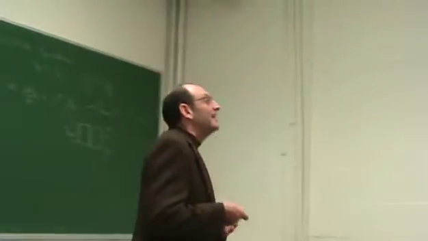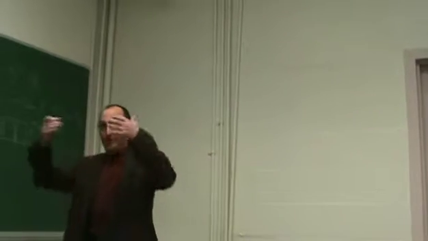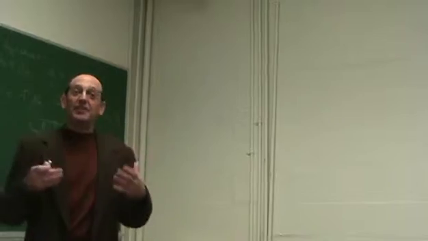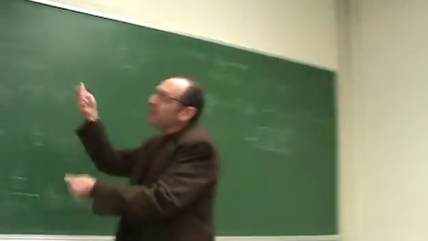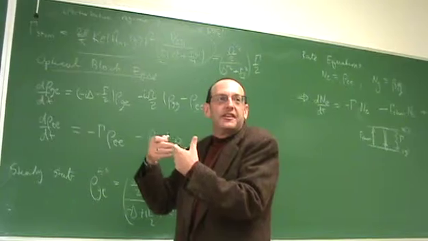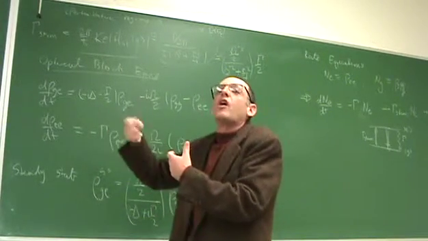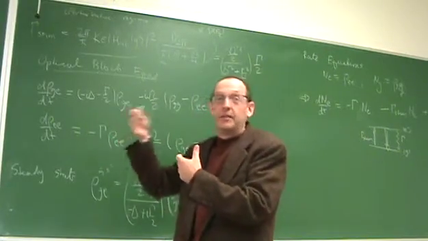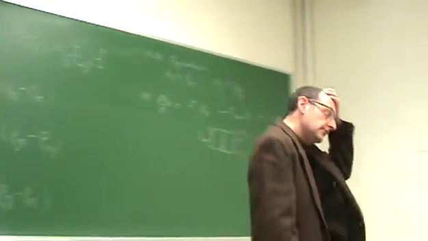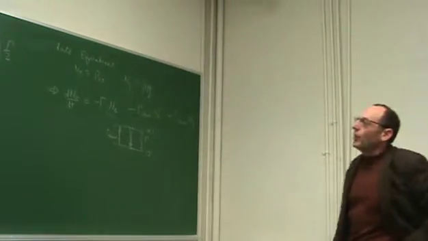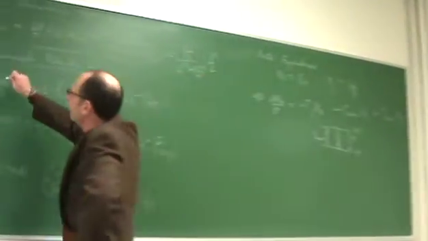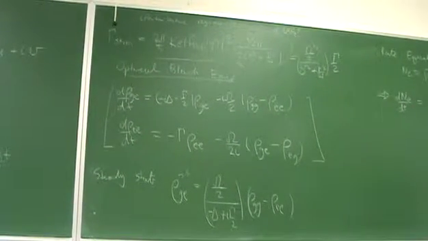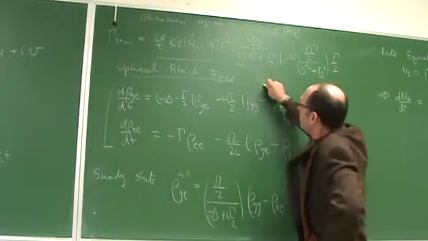Rabi flopping is really a truly quantum mechanical probability amplitude kind of evolution, whereas the driven damped oscillator is in a regime where dissipation has kicked in and steady state is being reached. Okay? So more quantitatively, what we discussed is if these were the optical Bloch equations, also known as the master equation.